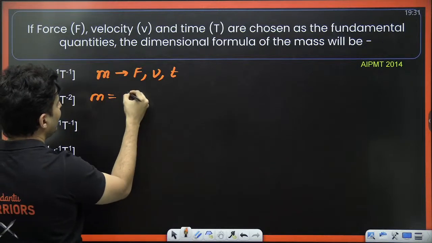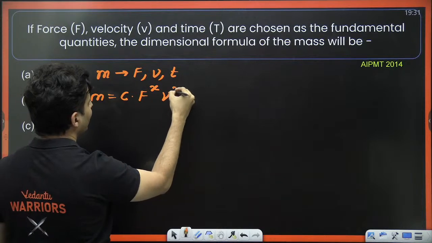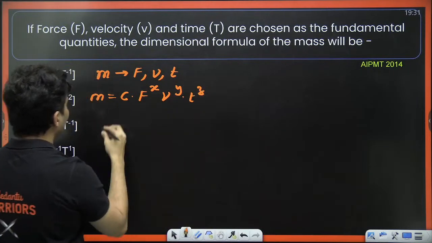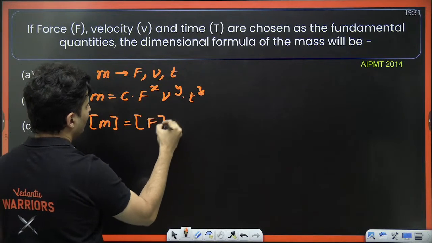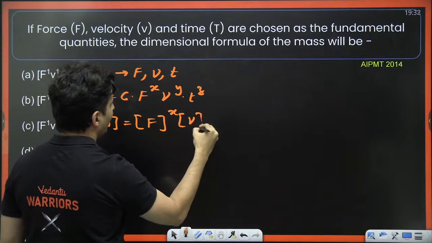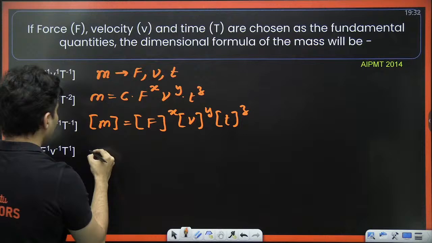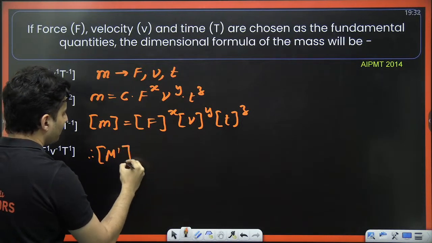So mass will be some constant into force raised to x, velocity raised to y and time raised to z. So the dimensional formula of mass is same as force raised to x, velocity raised to y, time raised to z. Dimensional formula of mass is just M raised to 1.